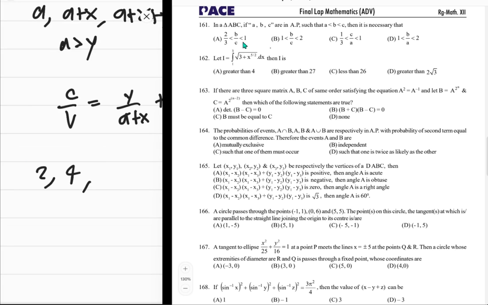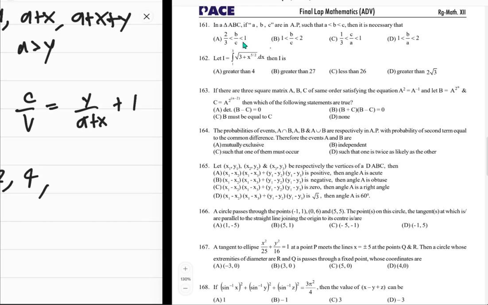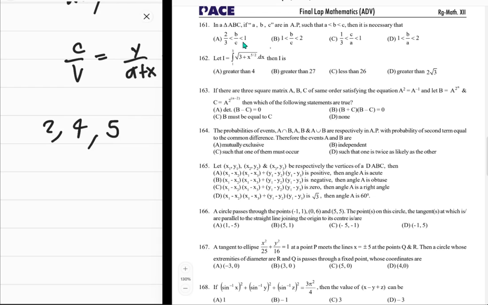Then this would be 4, and then 4 plus something less than 2, that's 1, so 5. Is this working? I think it does, because 6 is bigger than 5. Obviously.